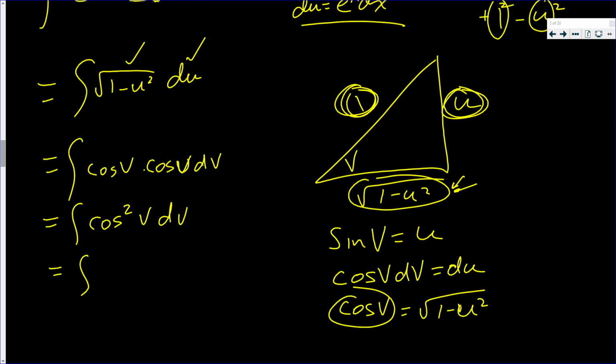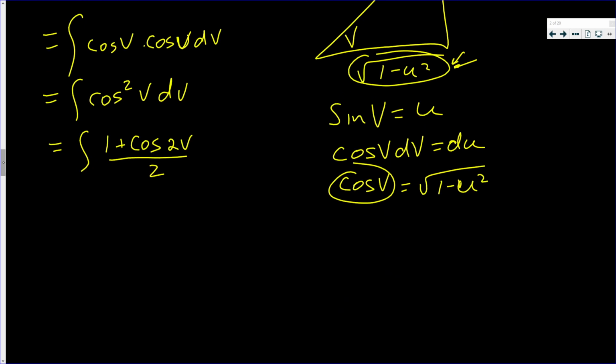And what we learned from the last section is this is 1 plus cosine of 2v over 2, and this is a pretty standard integral dv. I can pull out the half.